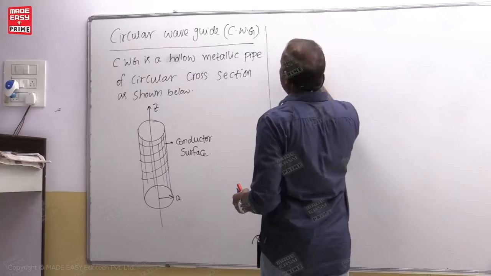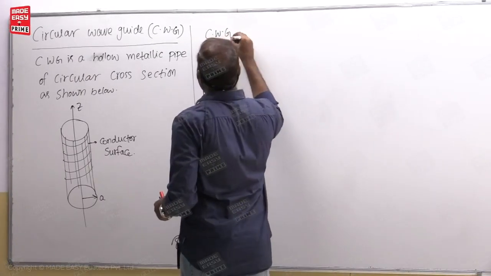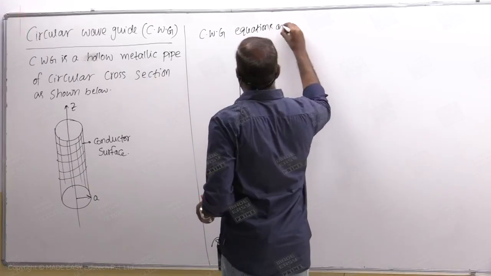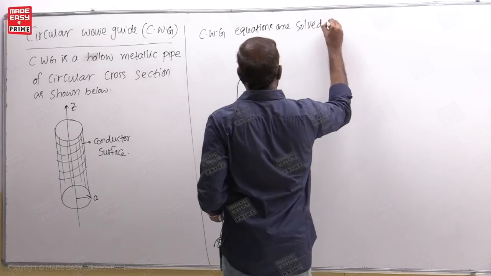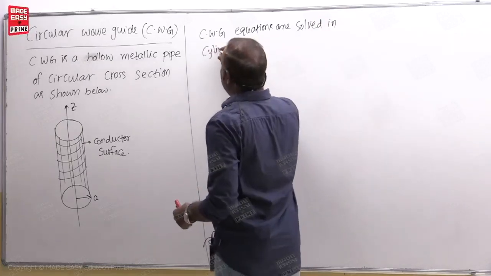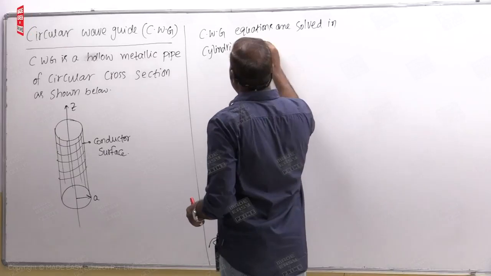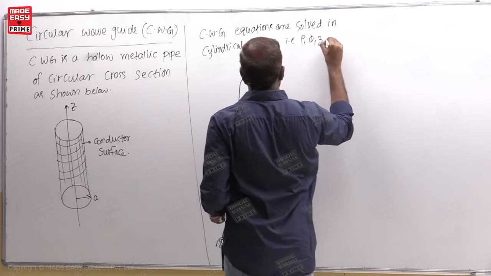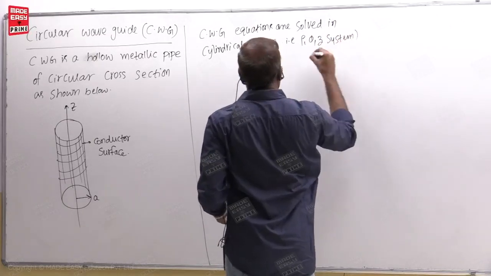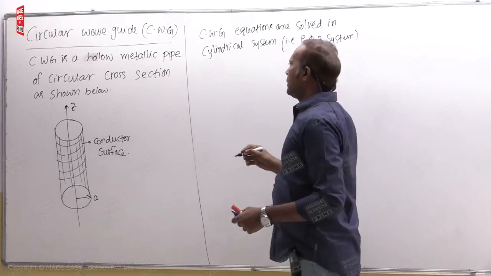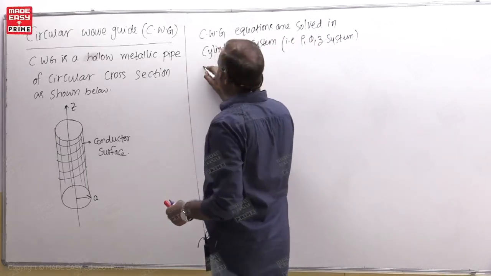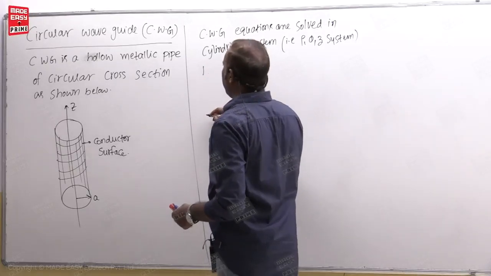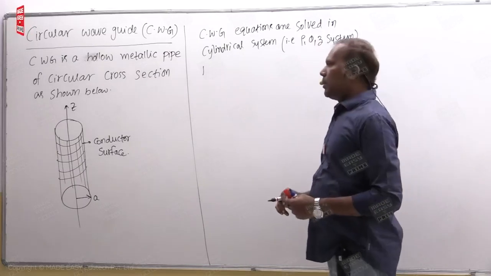Now if you see, circular waveguide equations are solved in the cylindrical system, that is rho, phi, z system. Okay students, cylindrical system. For example, let us talk of TE modes.